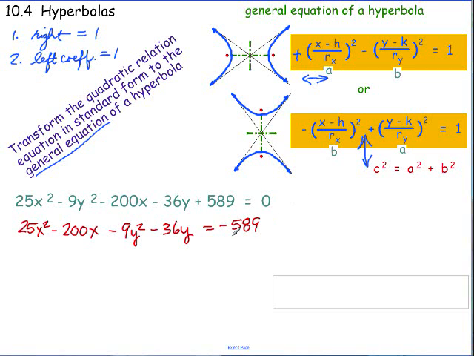It's pretty clear I'm going to have to divide by a negative to get this to be a positive 1.